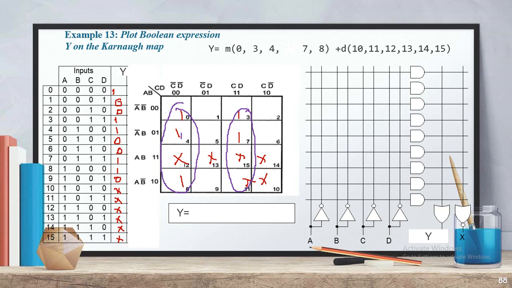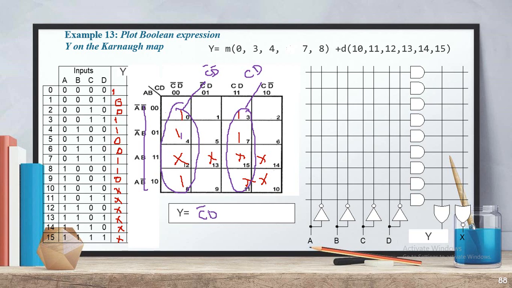Already we discussed, if all rows are selected we can cancel and make it 1, and only C bar D bar is present in the one particular column selected. Same thing here, all the rows are selected, so make it 1, and the column selected is CD. So it is very simple: we have C bar D bar plus CD.